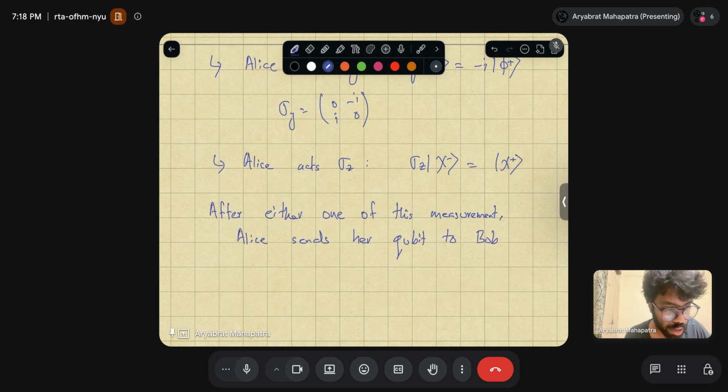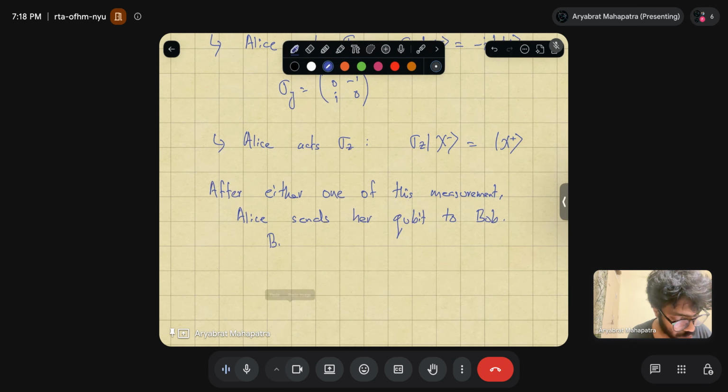So now Bob has two qubits: the one which he already had at the beginning, and the one which he got from Alice.